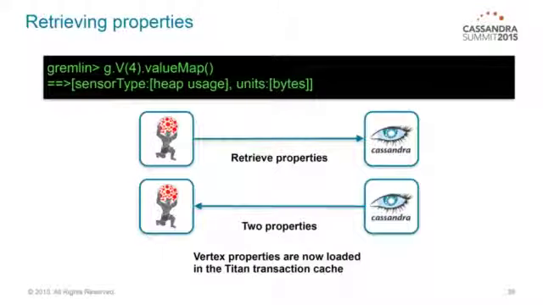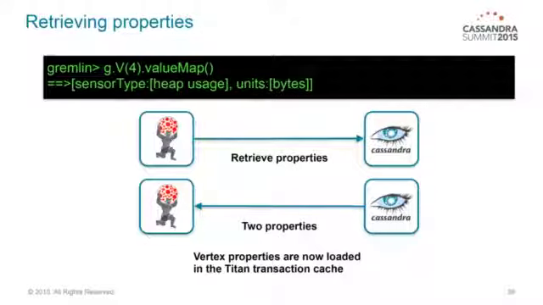Okay, so now we want to retrieve the properties for this vertex 4, sensor type and units. So it goes out. Remember I said it just retrieved the vertex before. It didn't actually get any properties at the same time. So it retrieved the properties, got back 2 properties. Now those properties are loaded in the transaction cache. So if you use that same vertex somewhere else in that same transaction, Titan is going to hit its transaction cache.